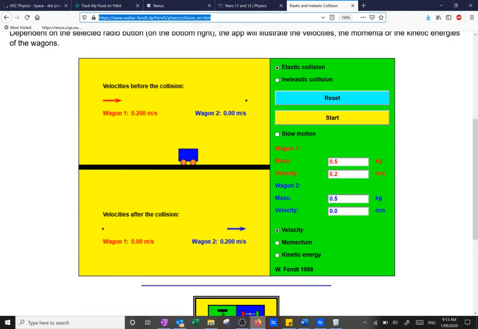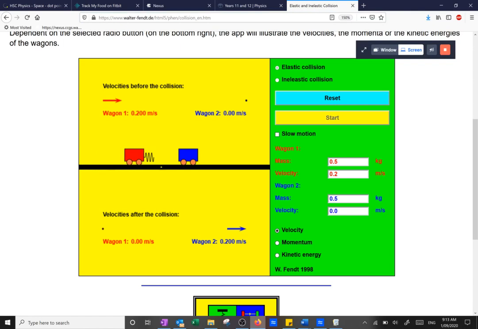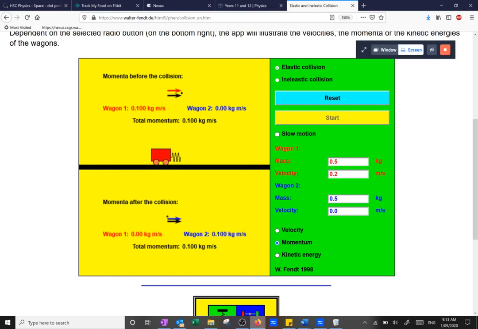We've given equal masses. So this is what I wanted you to see using Logger Pro 3. Boing, and away it goes. Okay? And you can see the velocities afterwards. You can choose momentum instead. Before we had 0.1 kilogram meters per second, after we had 0.1 kilogram meters per second.